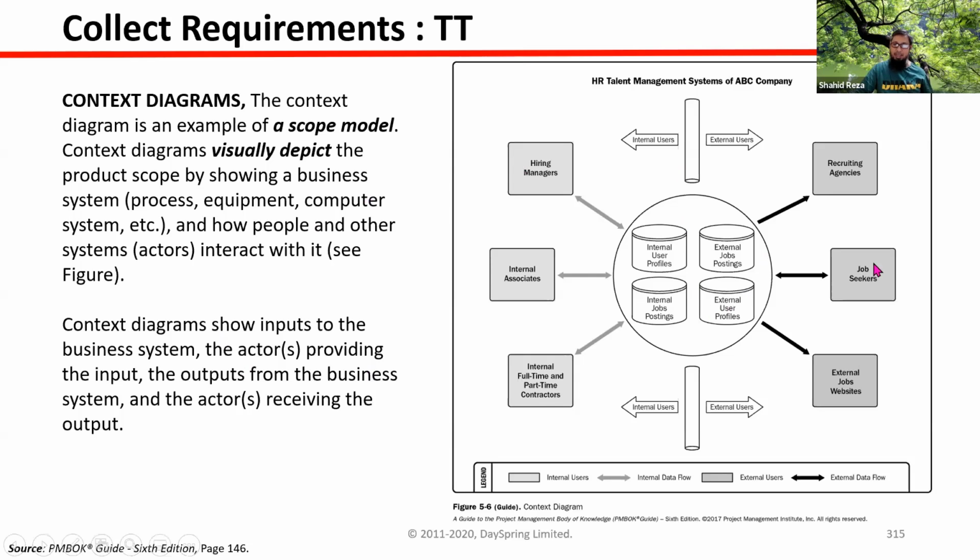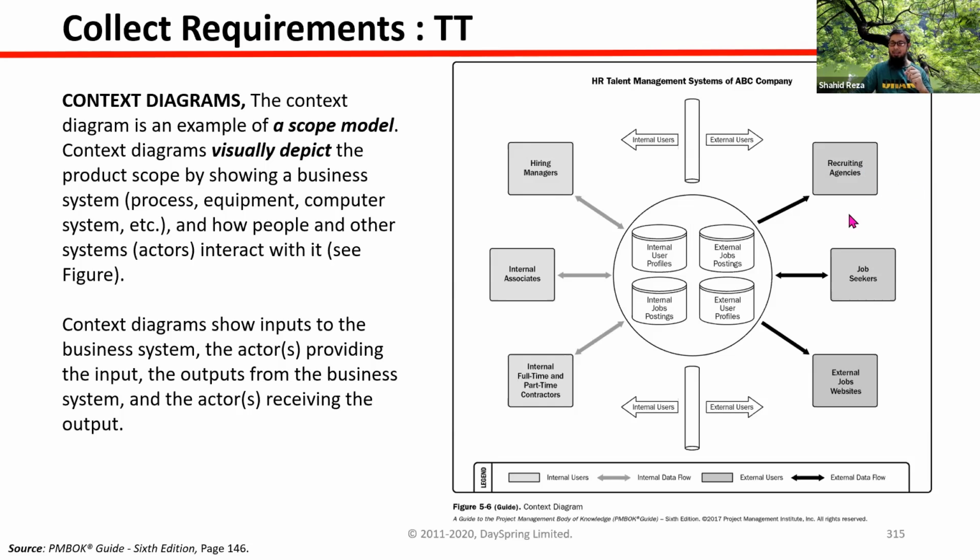So there is a context diagram of ABC company's job portal. You see who the actors are: hiring managers, internal associates, internal full-time and part-time contractors. These are the internal stakeholders, or internal actors, who will work in this job portal.